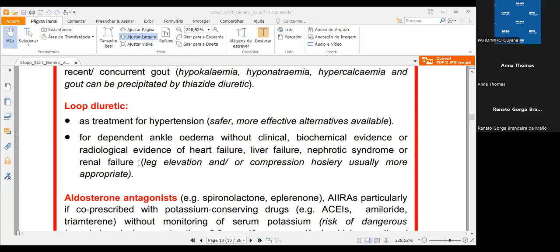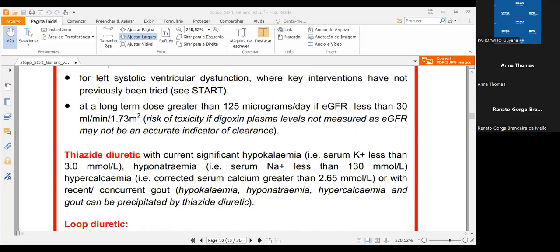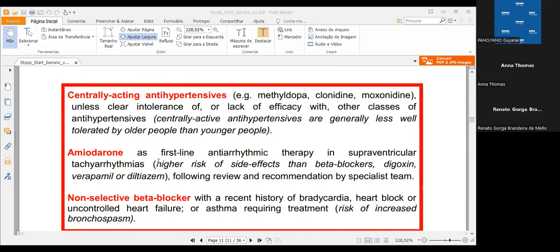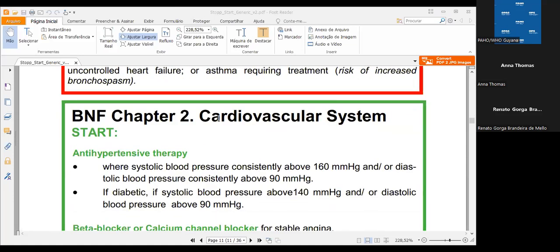These are basic concepts, but we have to remember them on a daily basis because these medications can be effective and well indicated in some circumstances. Here, let's start cardiovascular system criteria. Antihypertensive therapy is needed where systolic blood pressure is consistently above 160 millimeters of mercury.